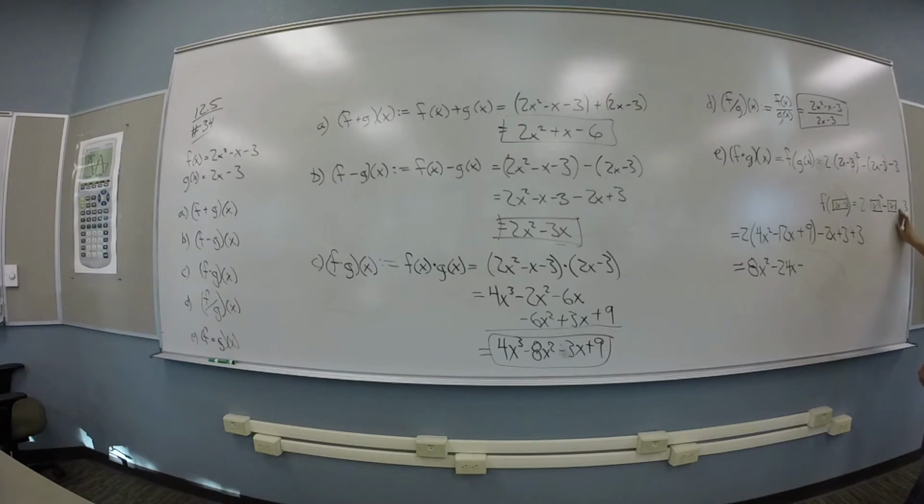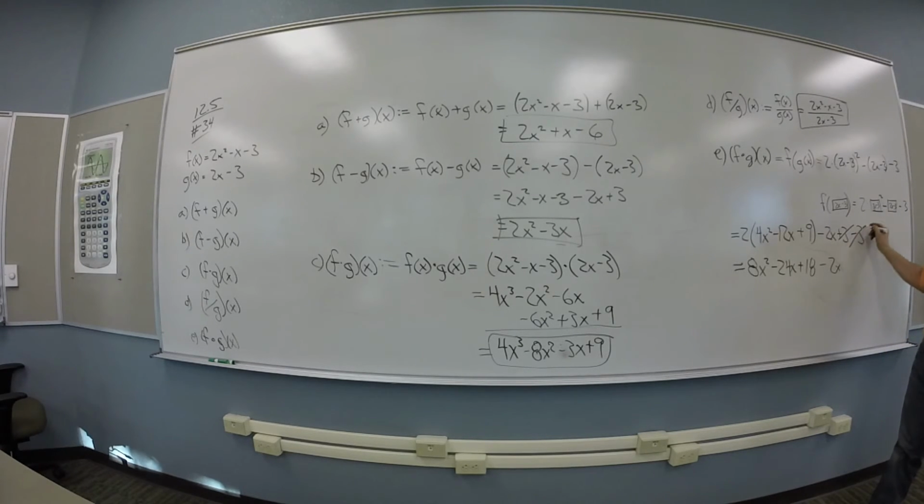Whoops, my bad, those are all minus. So we got 8x squared minus 24x plus 18, minus 2x plus 3 minus 3. Where'd the rest go? They cancel out to 0.